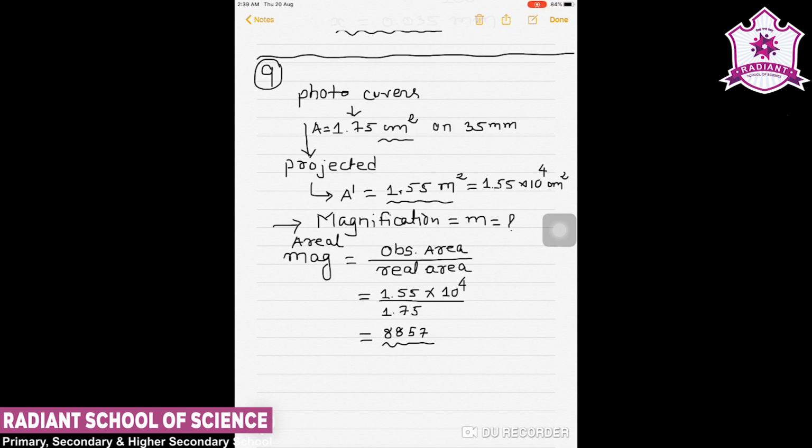So to get the linear magnification, we take the square root of this areal magnification, 8857, and we get the answer of about 94.1 times.